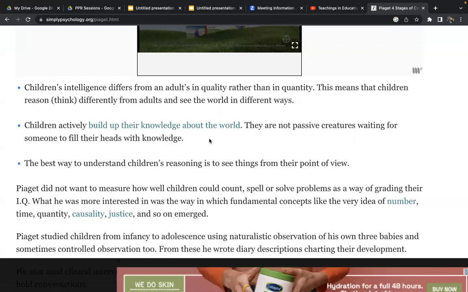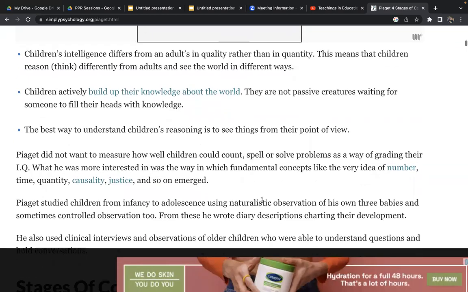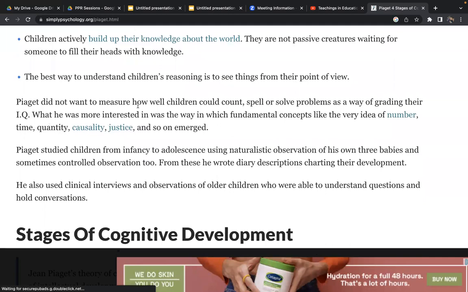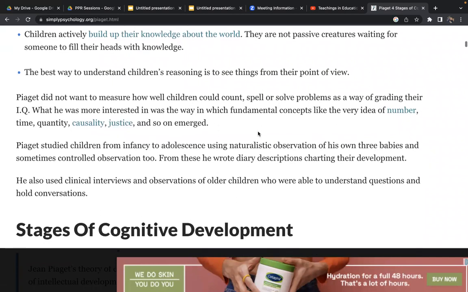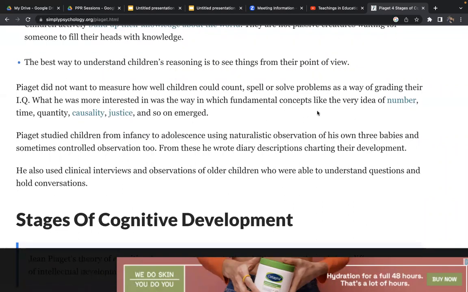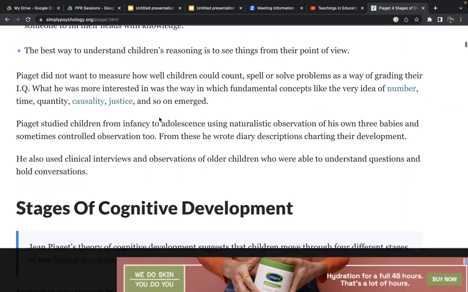So the best way to understand children's reasoning is to see things from their point of view. Piaget did not want to measure how well children could count, spell, solve problems as a way of grading their IQ. He was more interested in the way in which fundamental concepts like the very idea of a number, of time, of quantity, of causality, of justice, and so on emerged.